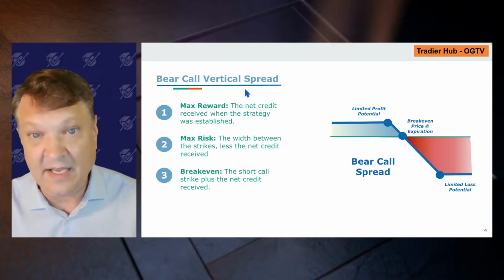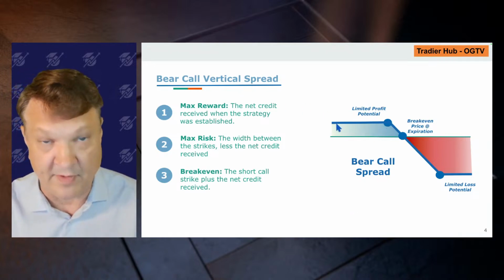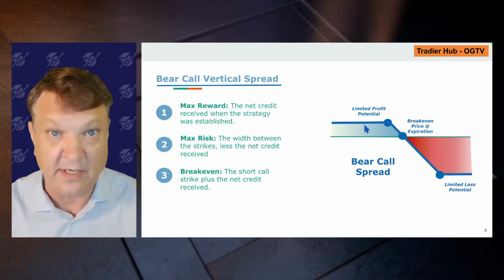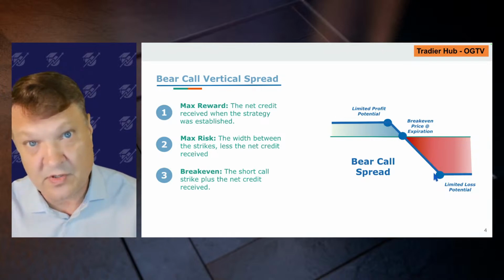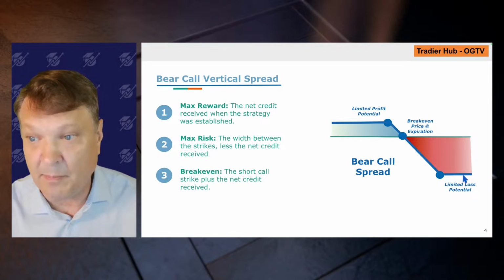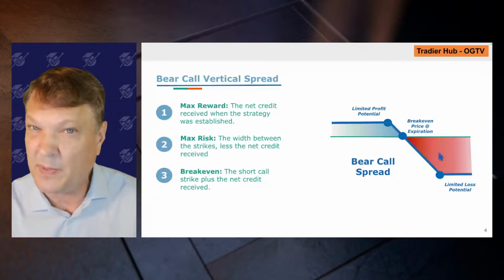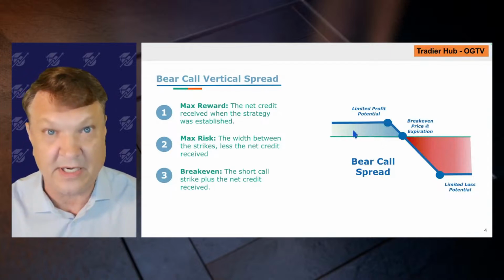If I sell a credit spread, I bring in a net credit, and that's my maximum profit, right? It's limited, it's known, it's exactly whatever I receive as a net credit. On the downside, it's the difference between the strikes minus that net credit received, and that's our maximum loss on the trade. It's limited and known, but it's much more painful on the loss side of things. There's a lot more red over here than there is green on this side.